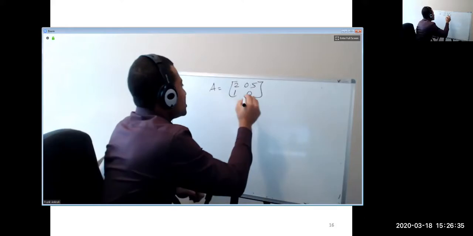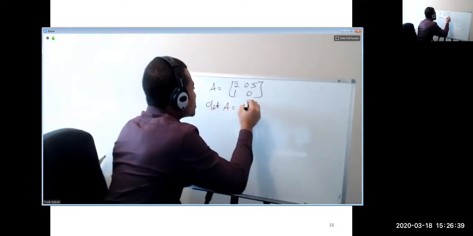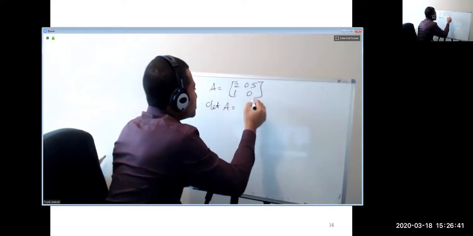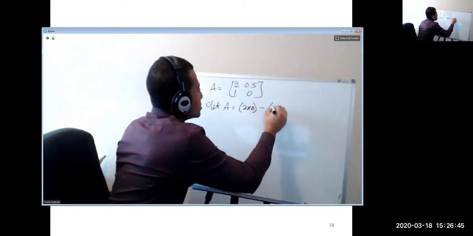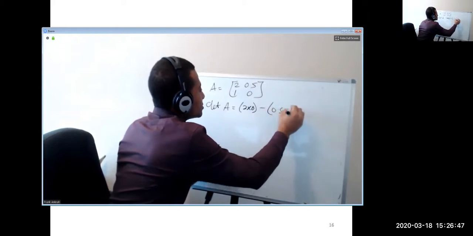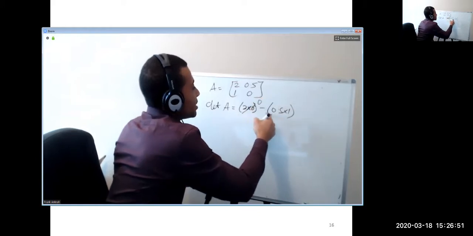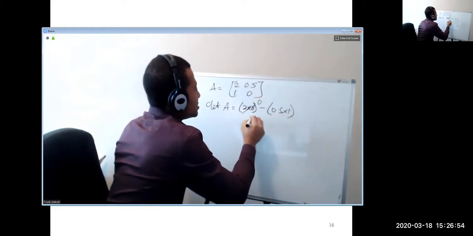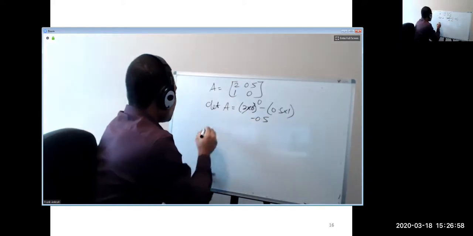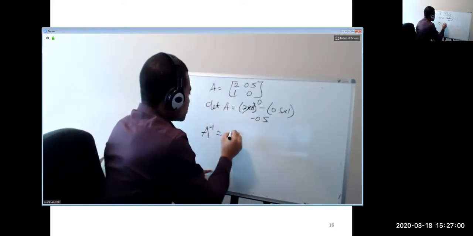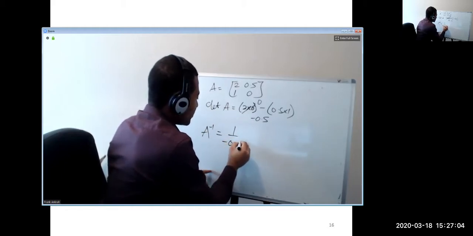Okay, so the determinant of A is, first of all, 2 times 0 minus 0.5 times 1. So this is giving us 0. So 0 minus 0.5 is minus 0.5. So that's the determinant. Then we find our inverse is 1 over the determinant, which is minus 0.5.